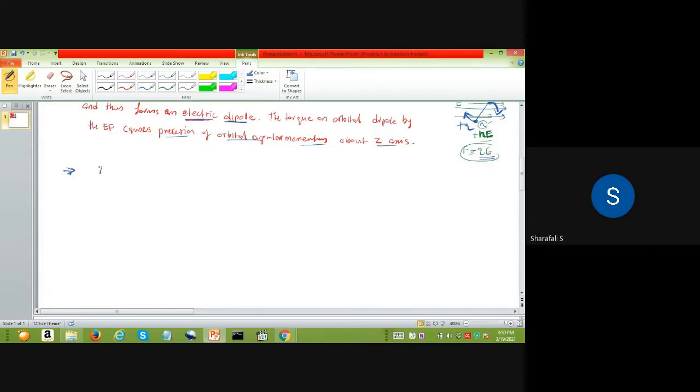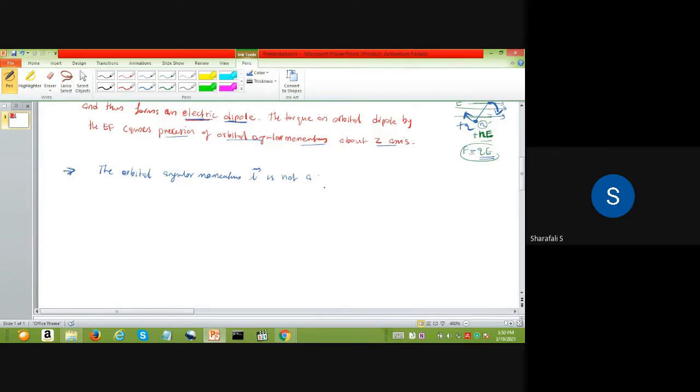The orbital angular momentum L is not a constant now, because the path is different for each case. The orbit has a different path, which is not a closed orbit.